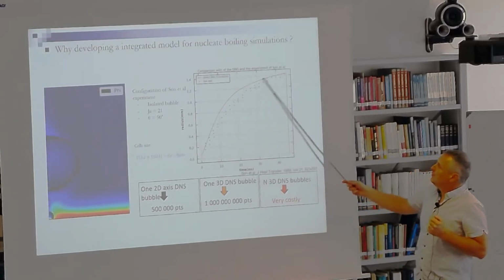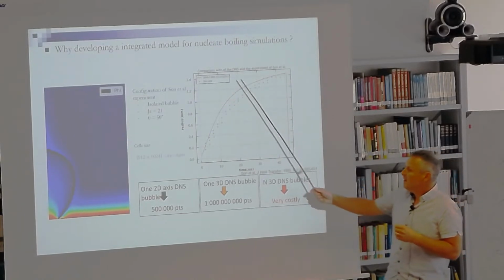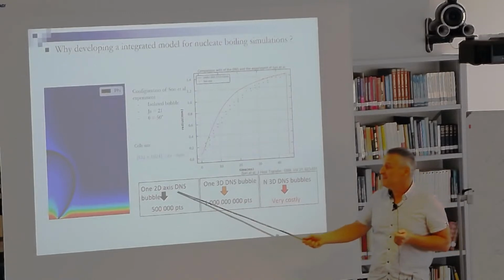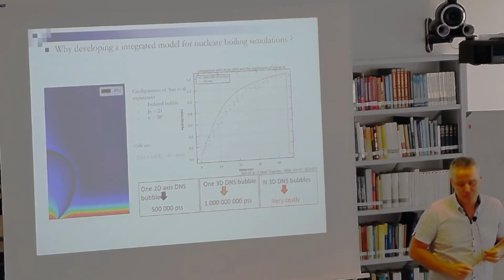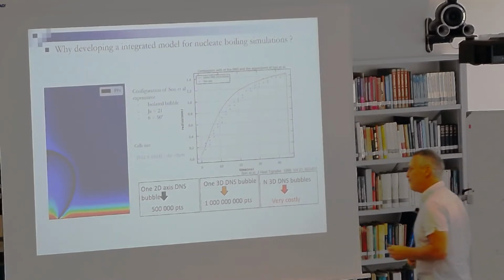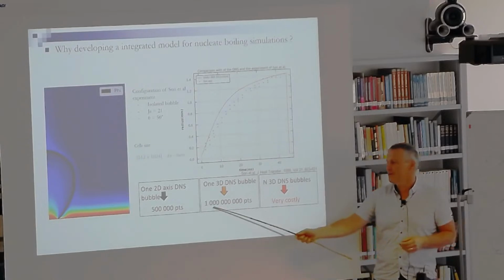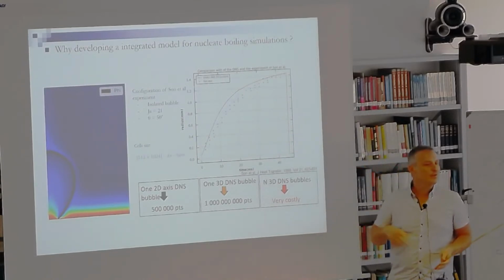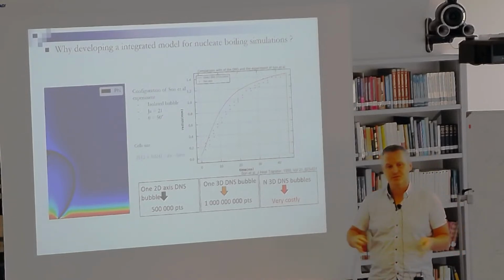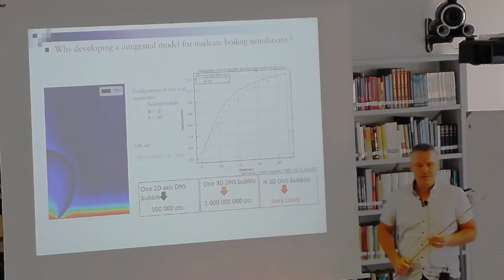So we reproduce the experiment from Sun very well. But this is an axisymmetric simulation, and it requires 500,000 points. If we generalize this to one bubble in 3D, it will require 1,000 points in each direction, because in 3D we consider there's no symmetry, and it will require 1 billion points.